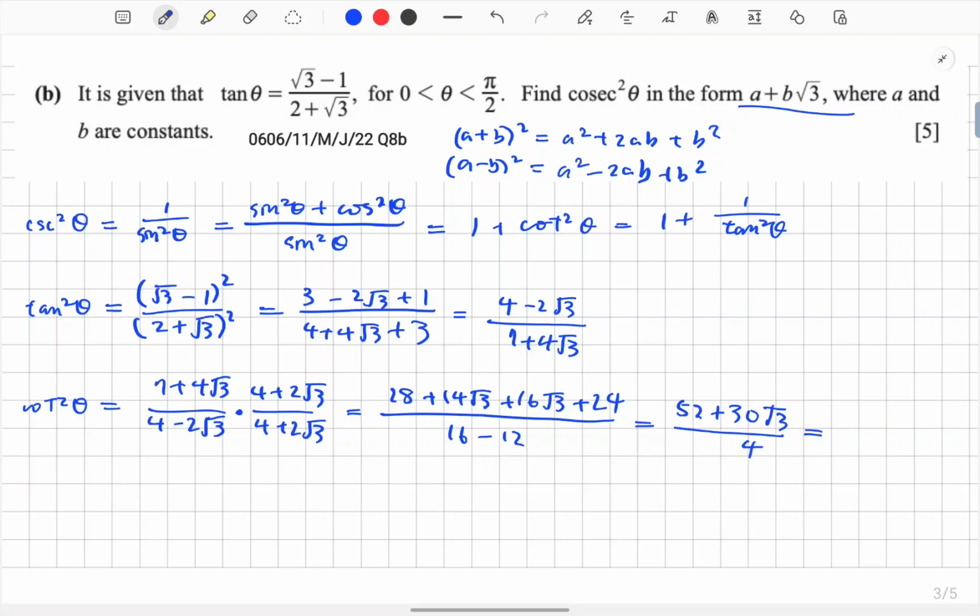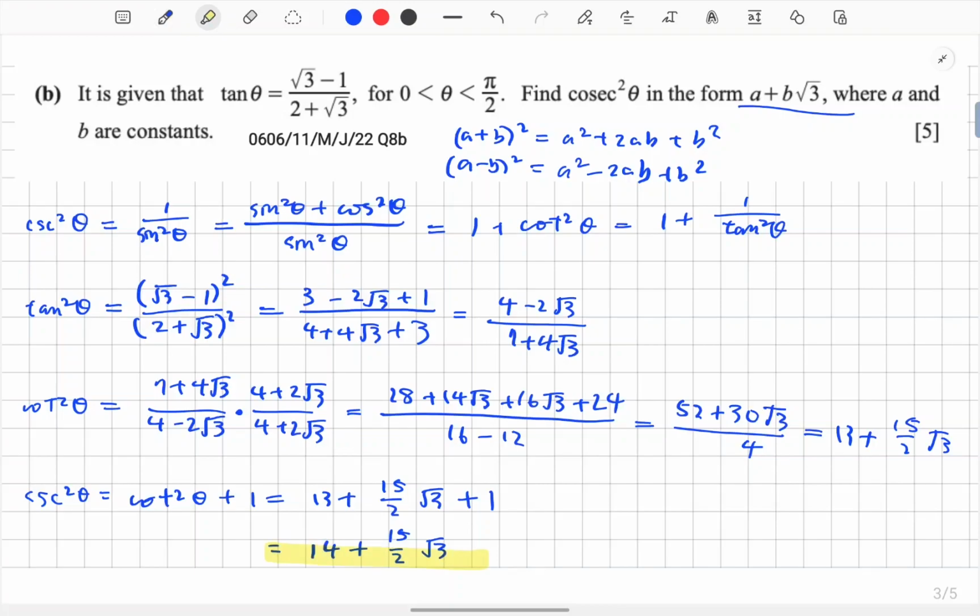When we further divide to eliminate the denominator, we'll get 13 plus 15 over 2 root of 3. Our final step will be finding cosecant squared theta, which is 1 plus the cotangent squared theta value we have. This is our final answer.